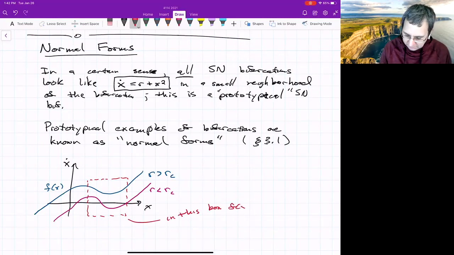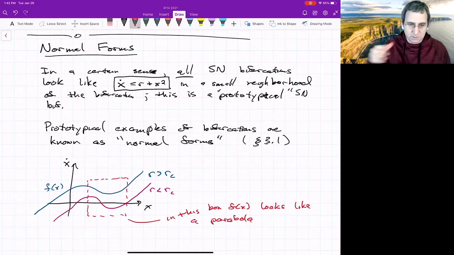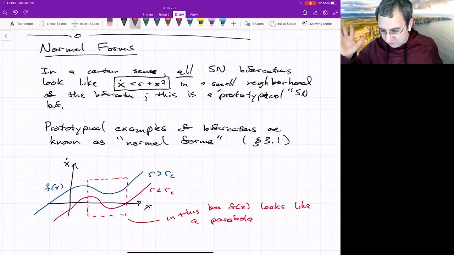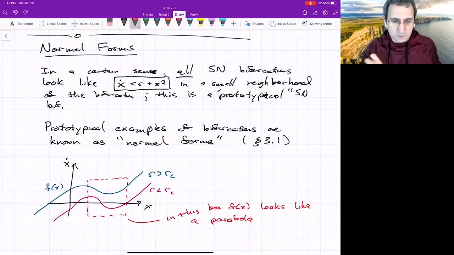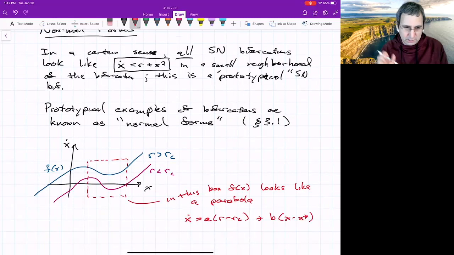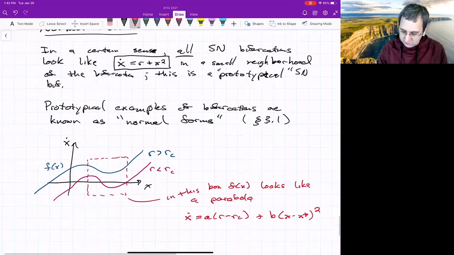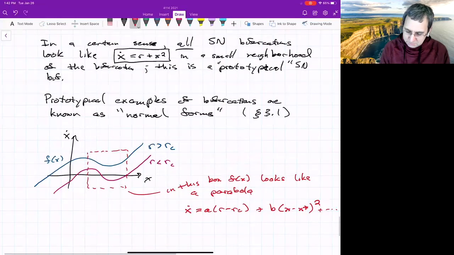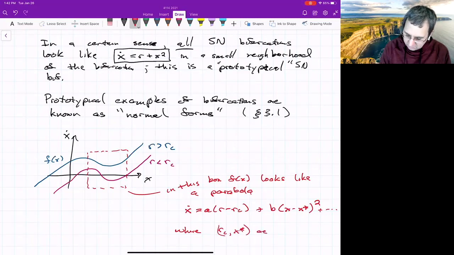In this box, f of x looks like a parabola, and you could locally describe it as r plus x squared, where r is r minus rc. So there could be some rescaling or moving, but x dot looks like a(r minus rc) plus b(x minus x star) squared, if we were to expand it, where rc and x star we might call the bifurcation point.